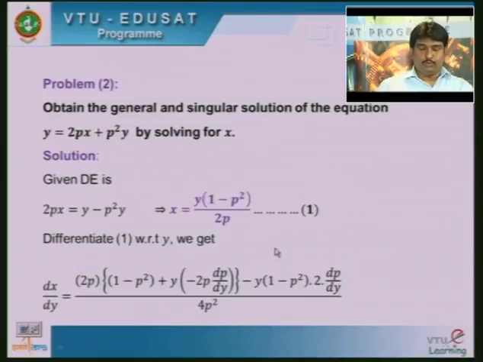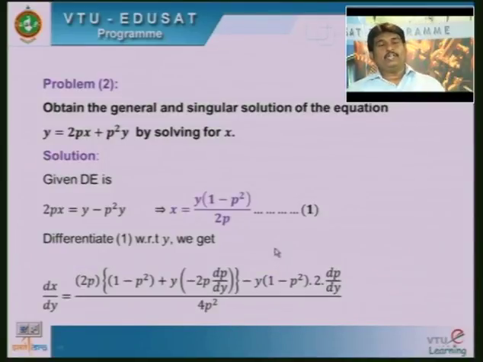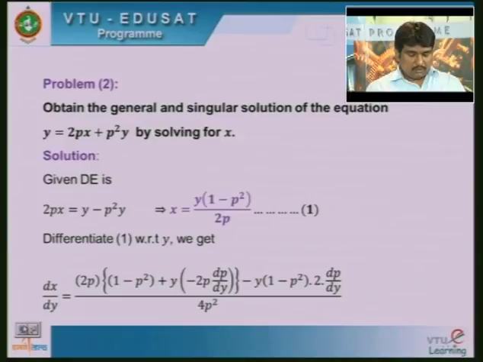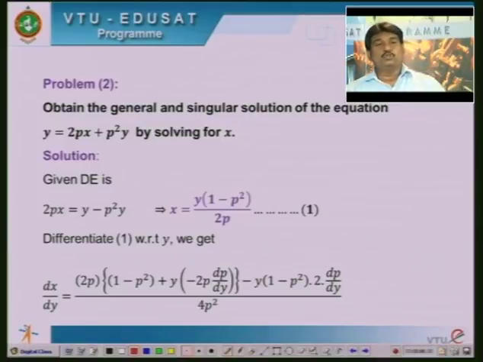Problem number 2. Obtain the general and singular solution. In the previous one, the singular solution was not asked. Now here it's specified. You have to find both the general and singular solution of the differential equation y equals 2px plus p square y by solving for x.